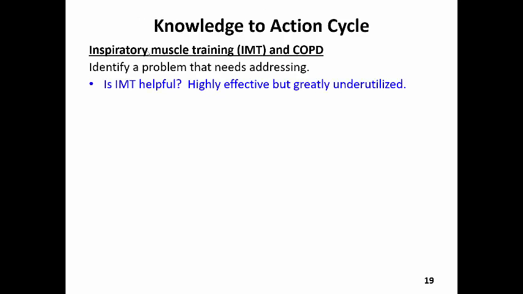And the problem here is determining if this type of treatment, having patients go through muscle training specific to the muscles that will pull air into their lungs, are those protocols helpful? That would be one sort of problem that would be identified.